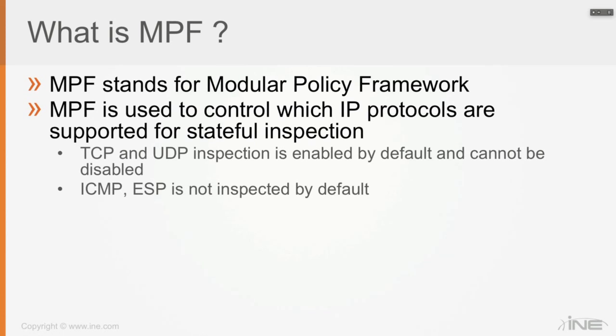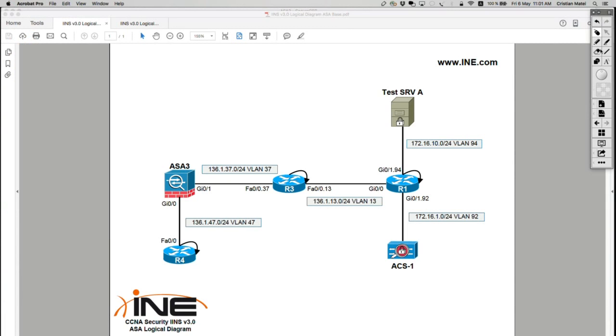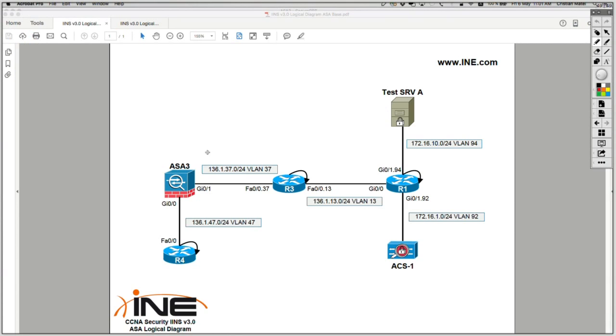For example, if you look at the diagram here, we currently have a security level of 100 on this interface, the inside, and 0 on this interface, the internet one.